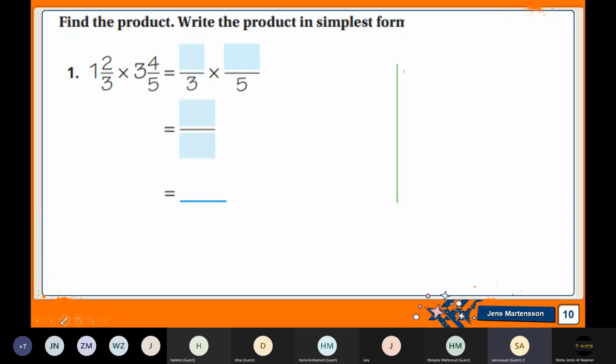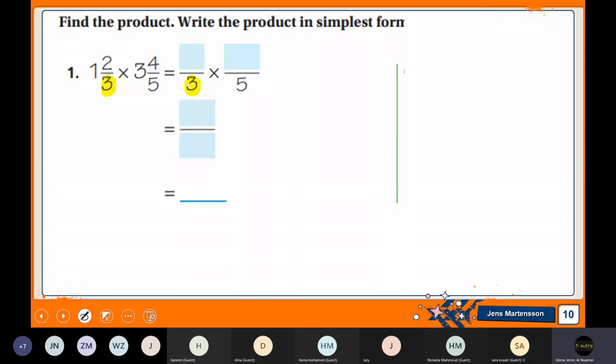So, what do we see when we have a mixed number? You have to write it as a fraction. Good job. Keep the 3 as it is. Now I want to find the numerator.